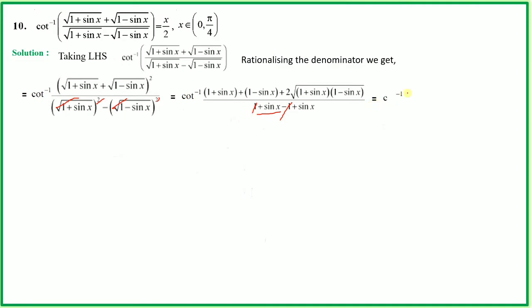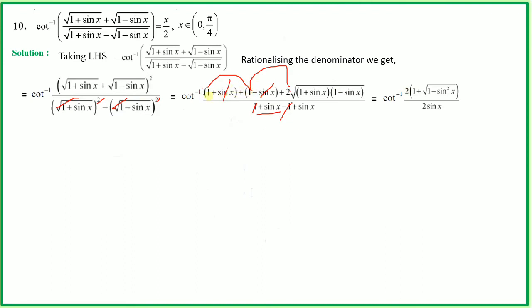So in the next step, we have this minus sin x, and this sin x also cancels. 1 plus 1 is 2, and this 2 is again there, so we will take that common. So 2 comes out, with 1 plus 1 inside from here.